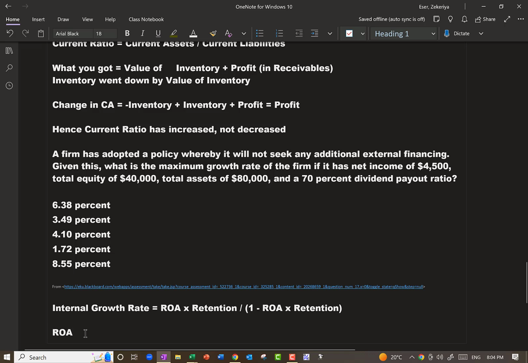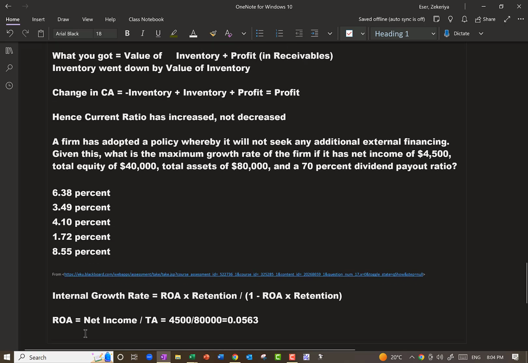Well, we know the definition of ROA: net income over total assets. Are we given net income? Yes, 4,500. Are we given total assets? Yes. So it's 5.63%.